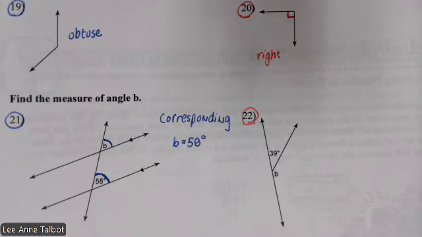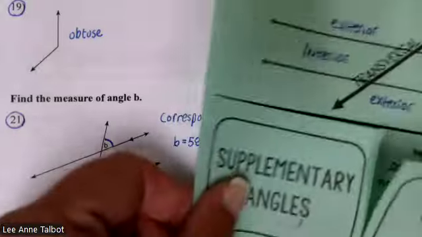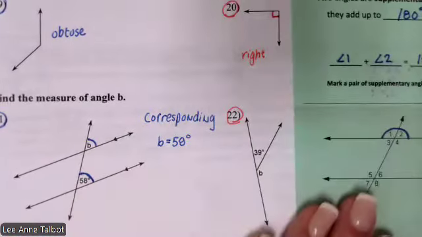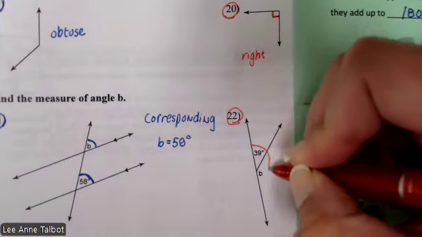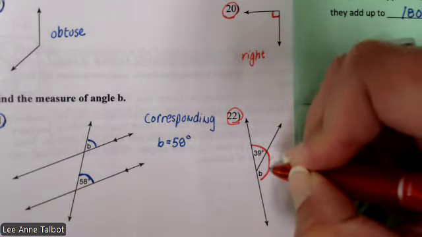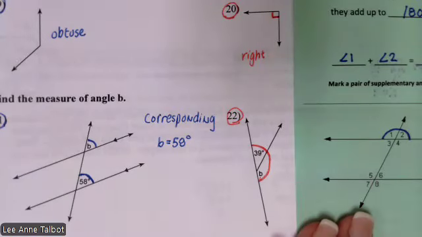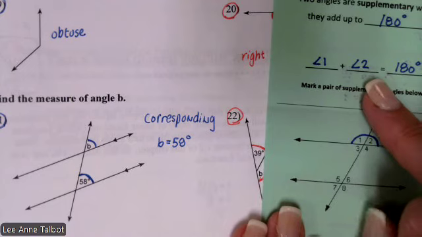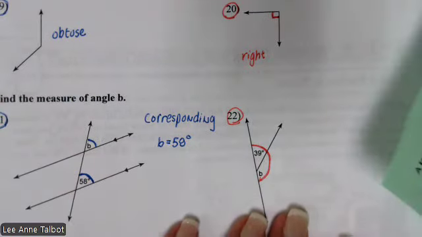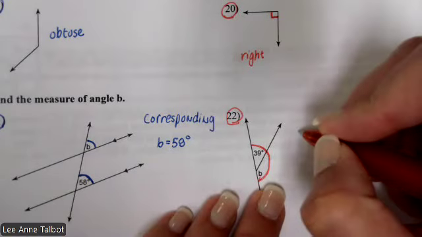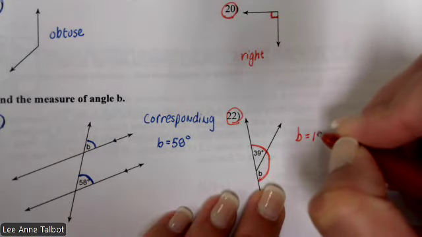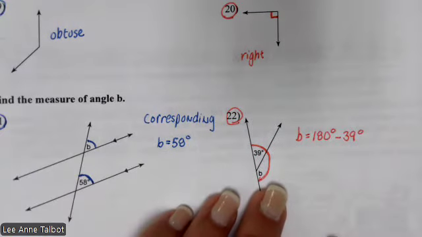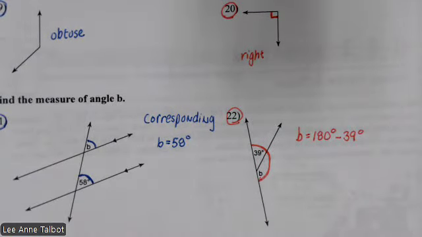Okay, so supplementary, the box is right here. And it looks like this, where you can make a kind of half circle out of the 2 angles. Okay, and then it says angle 1 plus angle 2 equals 180. So I'm going to say B equals 180 minus 39, which is what, 141?